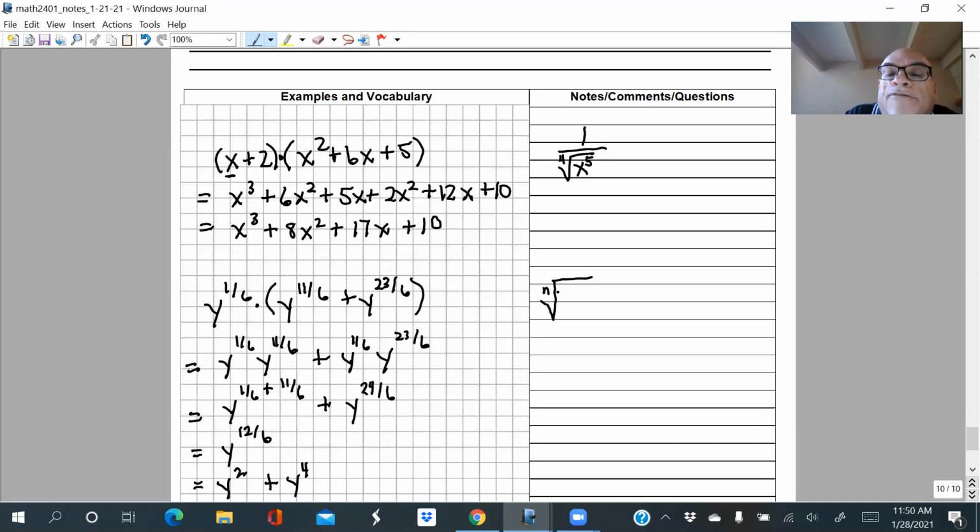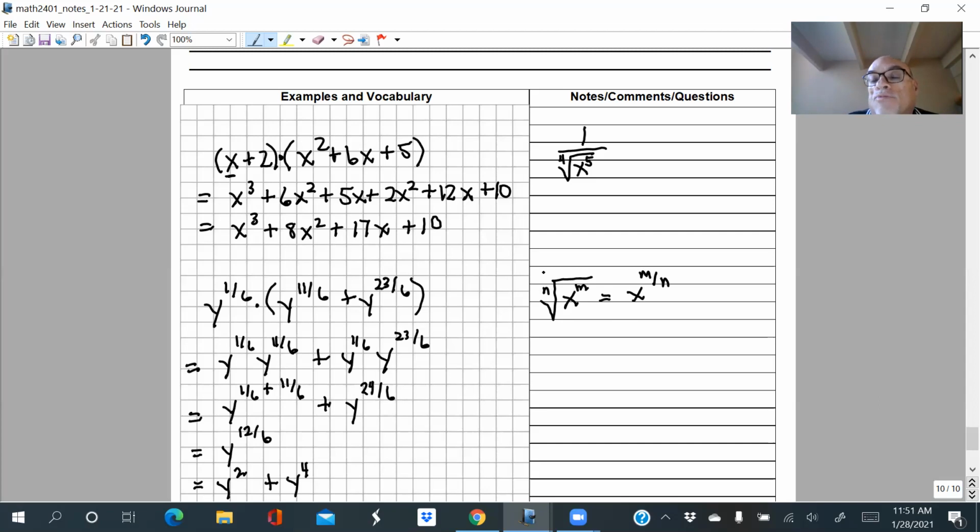If you have an expression that looks like this, where you have some root of some base raised to an exponent, some power, right? So you have some root of a power, x to the m is a power of x. Then you can rewrite that in the following way. This is the same as x to the m over n.